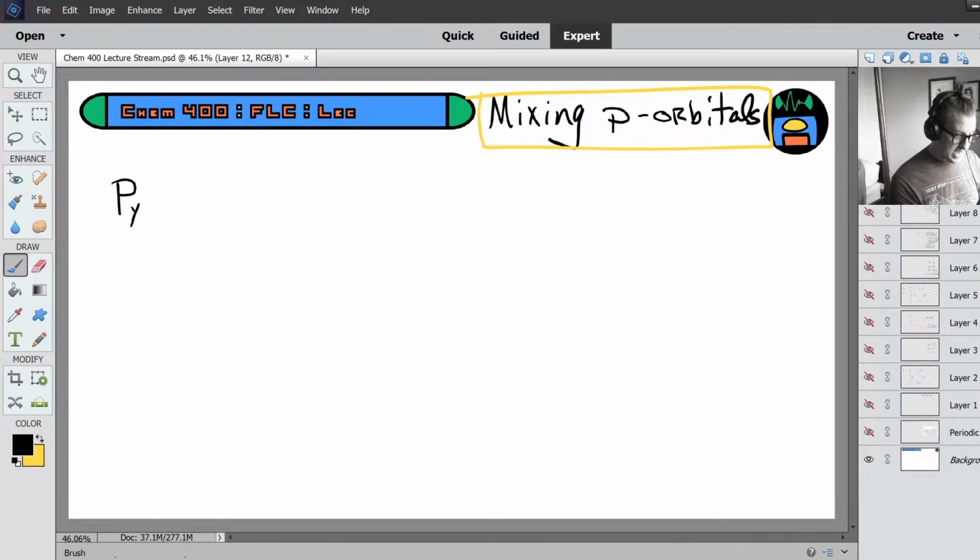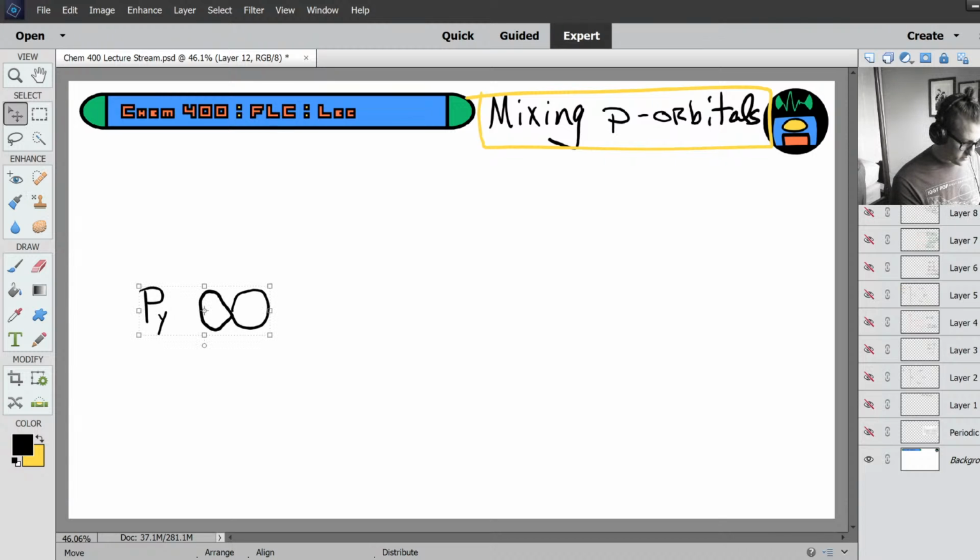When you look at py as an orbital, I'm actually going to drop it down here. py is oriented along the in-plane horizontal axis. That's kind of an ugly one. I can do better.